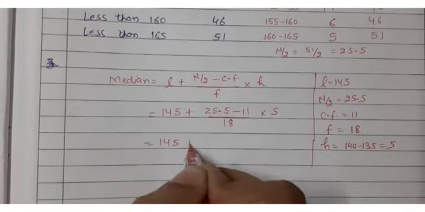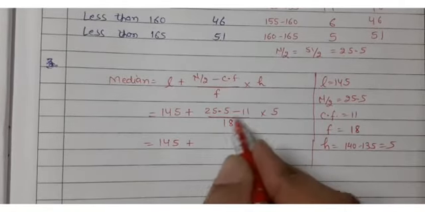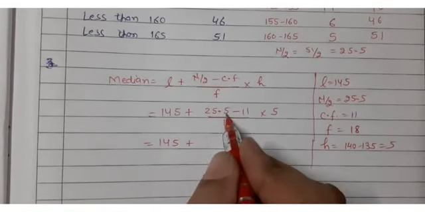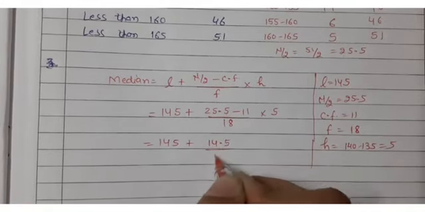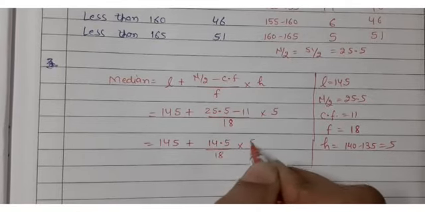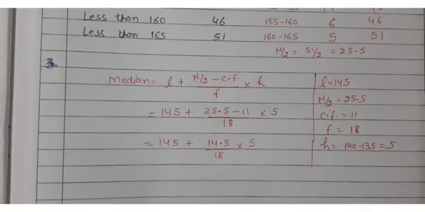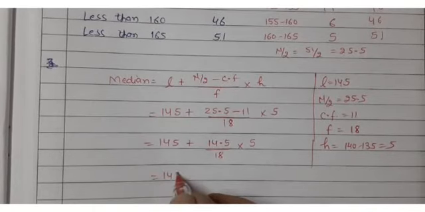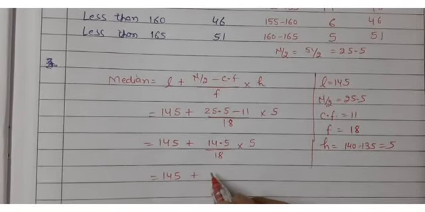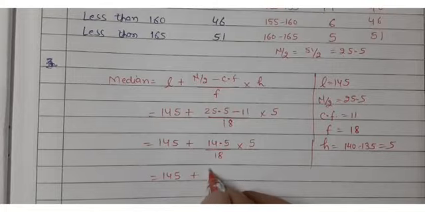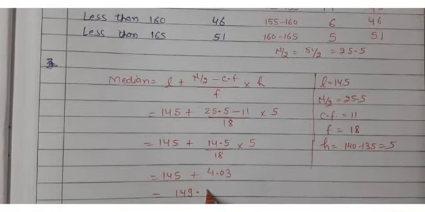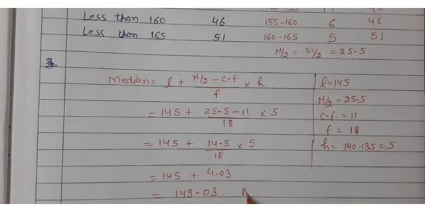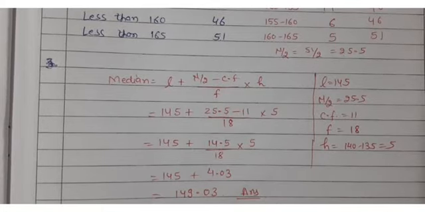So this is 145 plus 25.5 minus 11, which is 14.5, upon 18 into 5. If you multiply and then divide, you will get 4.03. So this will be 149.03. This is your answer.